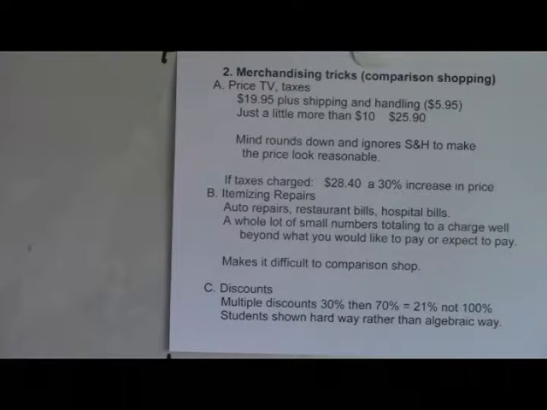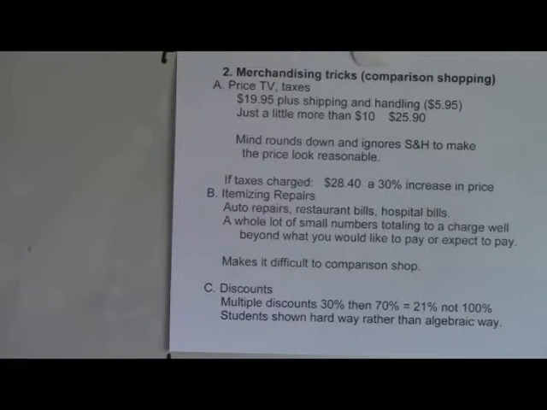Okay, and another trick also is to do it in monthly installments, where we can charge something like $80 and break it up into 4-month installments at $19.95 a piece. And our mind tends to forget about the other 3 installments. If taxes were charged on top of this, the item would end up being $28.40, which is about a 30% increase over the price that we perceived.